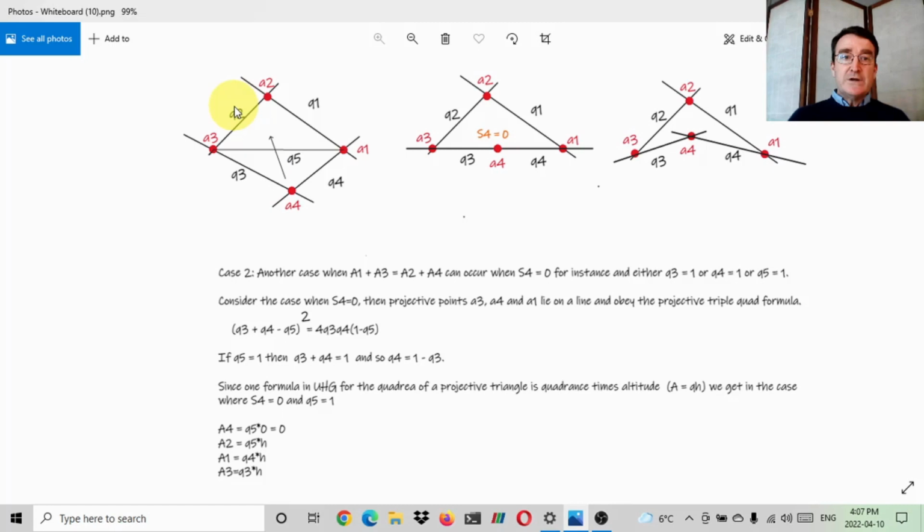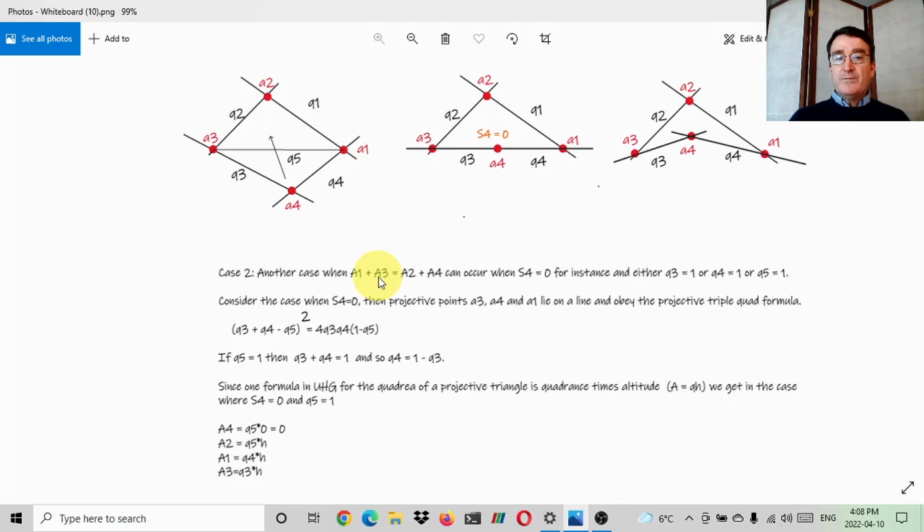That can occur when S4 is equal to 0, and either Q3, Q4, or Q5 is equal to 1. So we'll consider the case where S4 is 0 and projective. So when S4 is 0, the projective A3, A4, and A1 all lie on a line, and obey the projective triple quad formula given here. So Q3 plus Q4 minus Q5 squared equals 4 times Q3 times Q4 times 1 minus Q5.